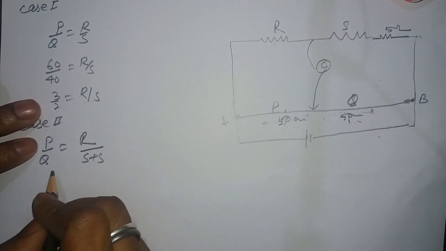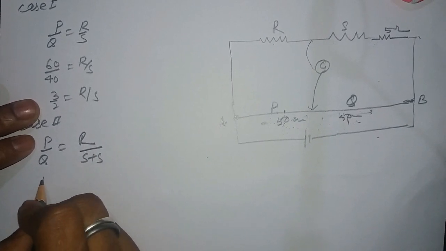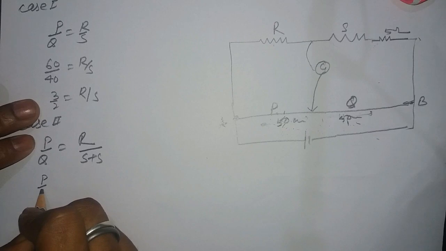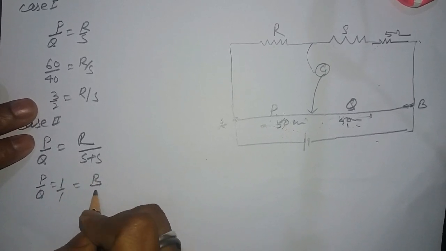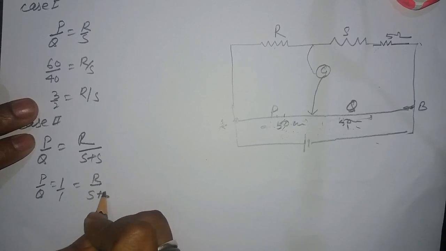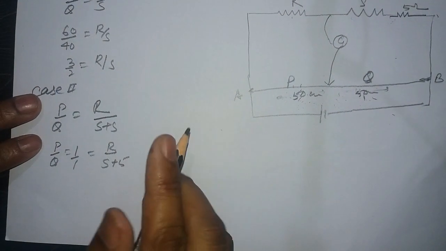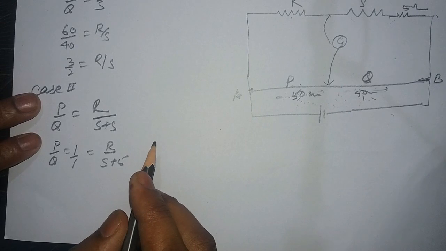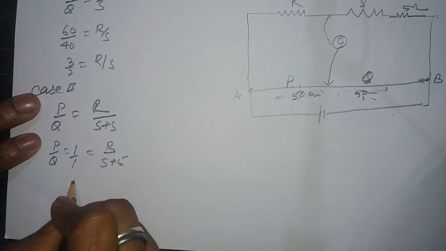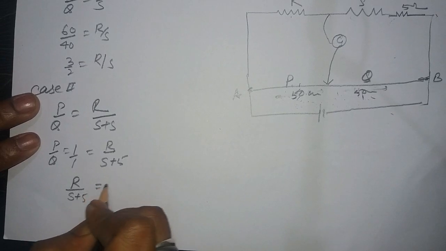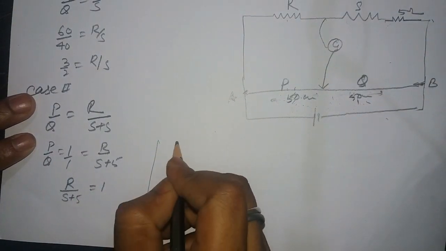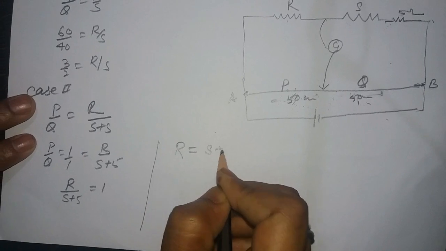P upon Q is how much? 1 by 1 equal to R upon S plus 5. Now that is R upon S plus 5 equal to 1. That is R equal to S plus 5.